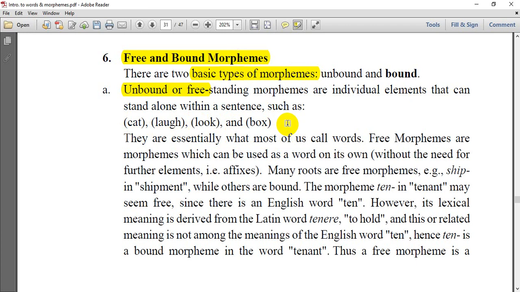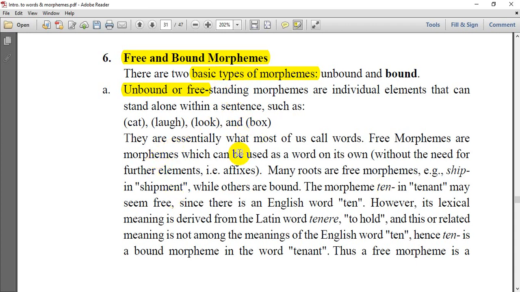A free morpheme doesn't need other words to be understood. Free morphemes tend to be word roots.